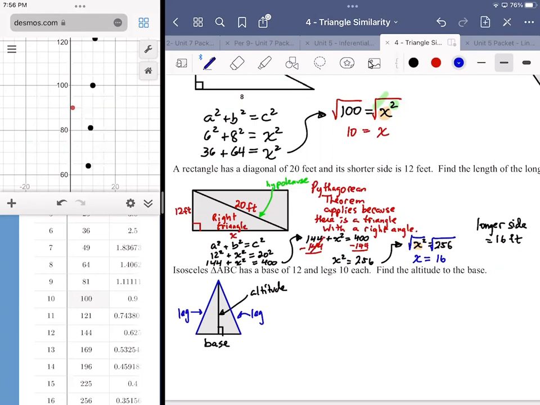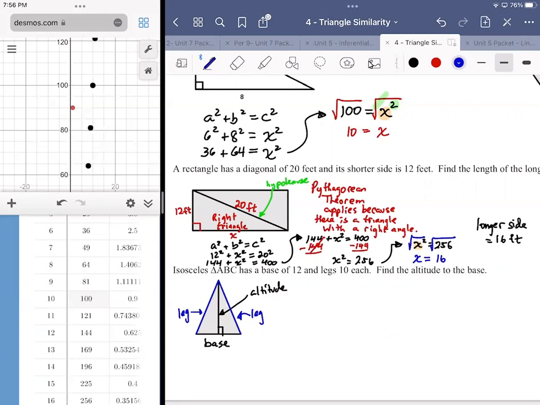All right, so we have two legs of an isosceles triangle, but then by dropping that altitude, that vertical line, in this case vertical, intersecting with the base and forming a right angle, we've created two right triangles out of this.